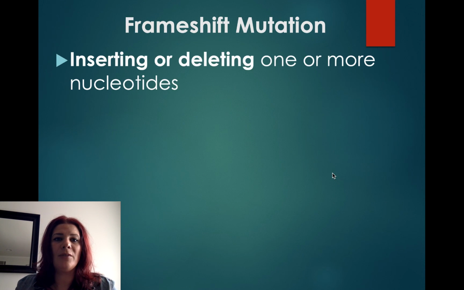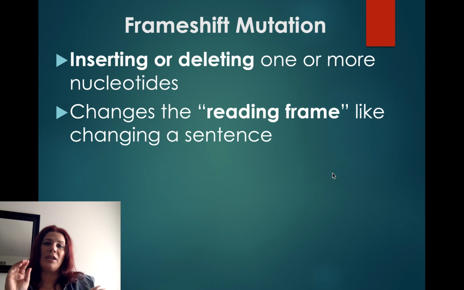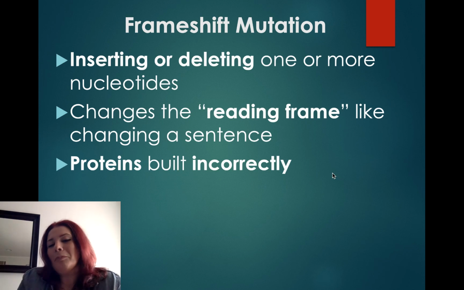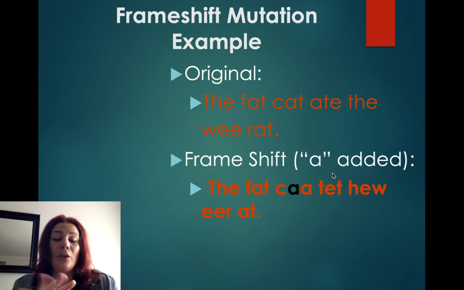All right, a frame shift mutation is going to completely move the reading frame, okay? So we're either going to insert a base or delete a base, and that's going to shift how we're reading. I gave you a little sentence to help with this. The original should be the fat cat ate the wee rat, right? If we were to add an A, it shifts how we read the rest of the sentence.